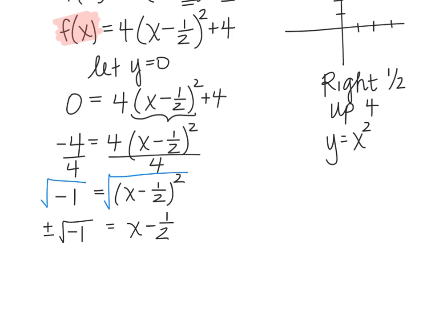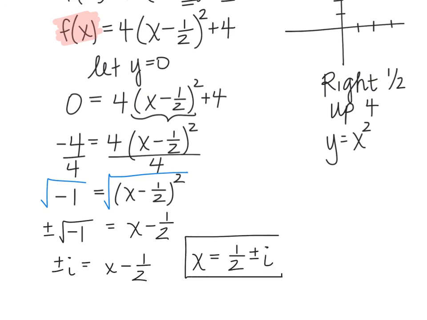Again, you'll see right here that we have those non-real answers because we're taking the square root of negative 1. So that will be plus or minus i is equal to x minus 1/2. And then if we add the 1/2, we'll end up with x is equal to 1/2 plus or minus i.